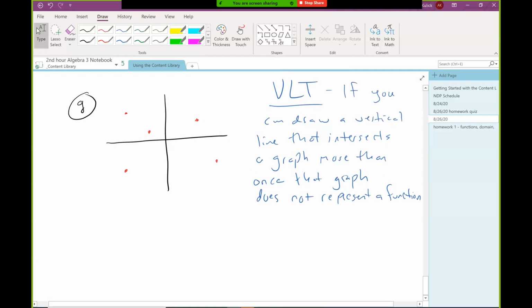So if we look at this set of points here that we plotted, can we draw such a vertical line? I tried to make it so it looked like you could. Right? Seems like these two are the problem.